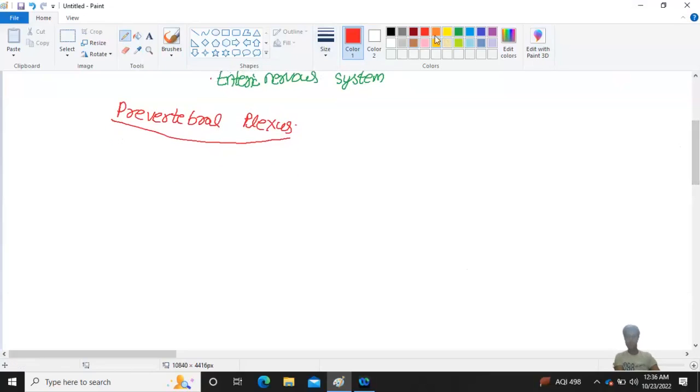These contain splanchnic nerves. Splanchnic nerves are what? The nerves which do not interchange, basically gray ramus and white ramus, in the sympathetic plexus.